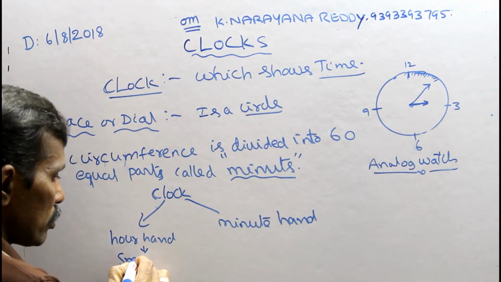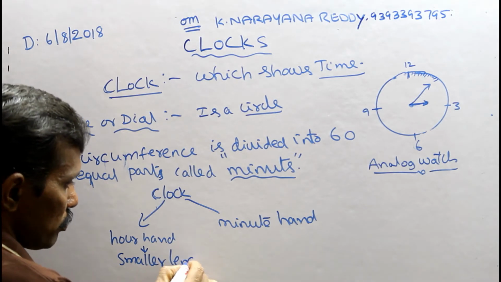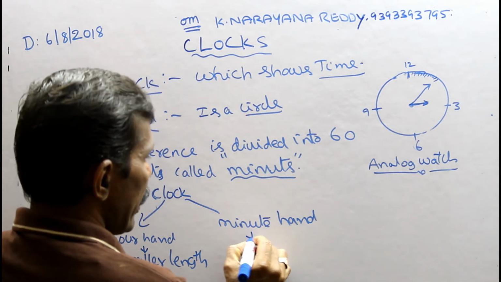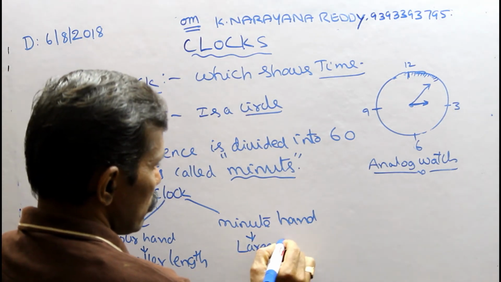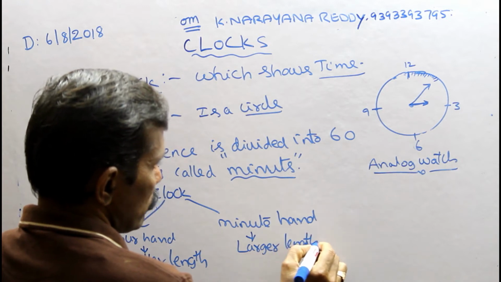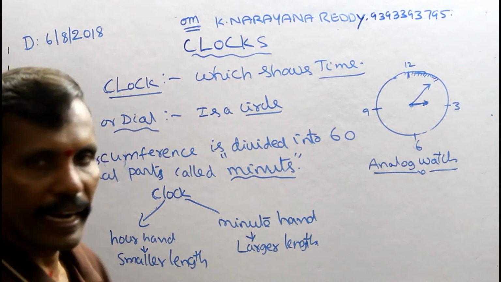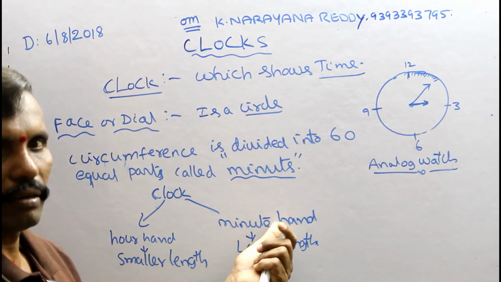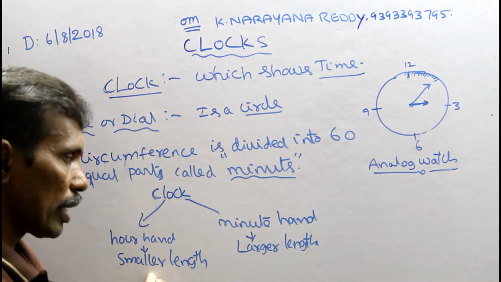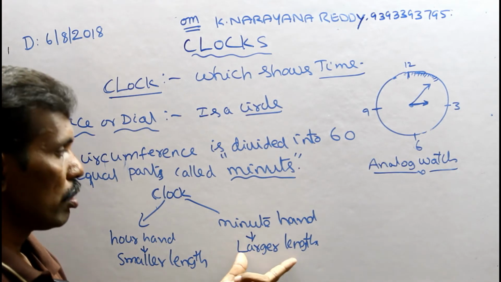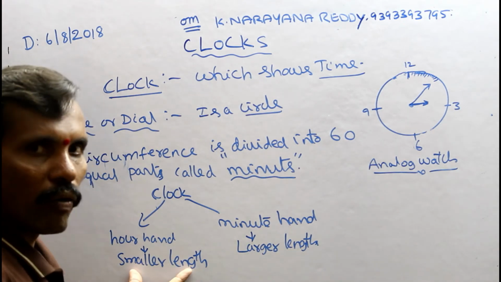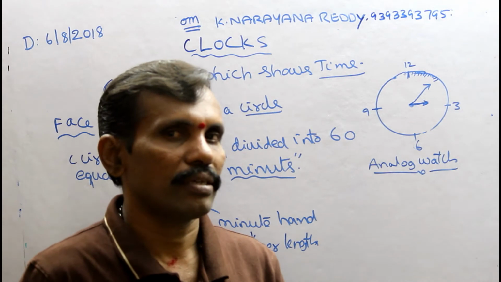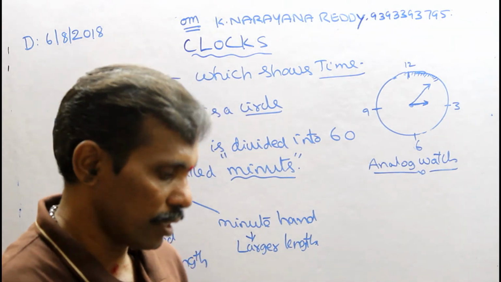The hour hand has the smaller length and the minute hand has the larger length. That is the difference between the minute hand and the hour hand. Now I will tell how the minute hand rotates and how the hour hand rotates.